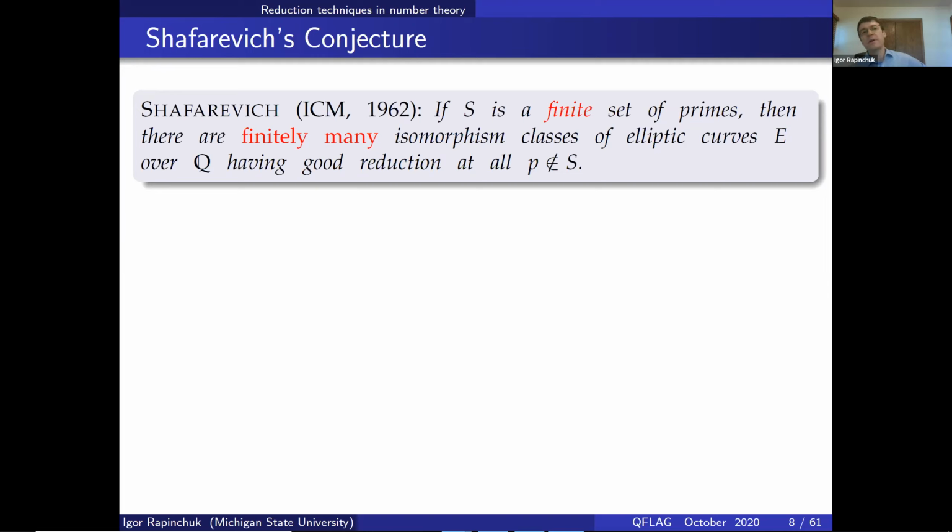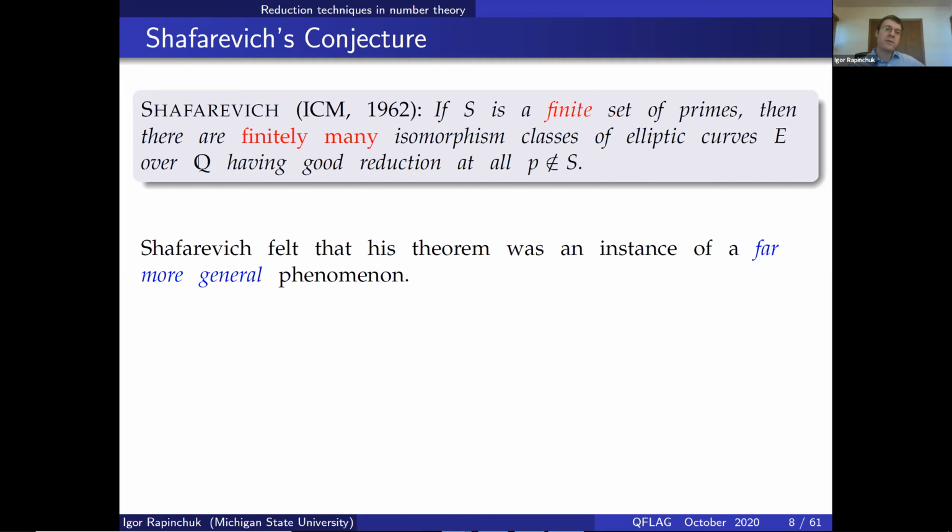And in this spirit, Shafarevich observed in his 1962 ICM talk that if S is a finite set of primes, then there are only finitely many isomorphism classes of elliptic curves E over Q which have good reduction at all primes p outside of S. So in other words, what this result says is that an elliptic curve is determined, at least up to finitely many possibilities, by its primes of good reduction.